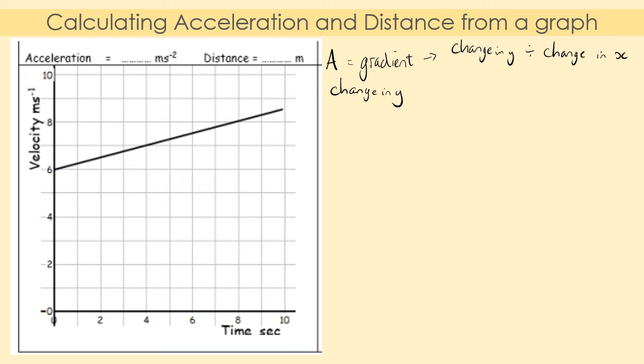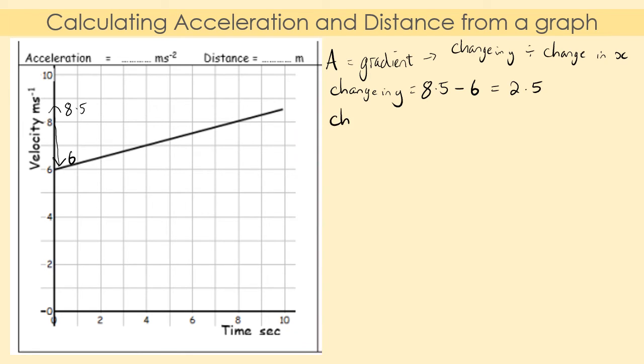I'm going to look at where this value is here and my value down here. I've gone from 6 up to 8.5. So my change in y equals my value at the right end, 8.5, minus my starting value of 6, which equals 2.5.